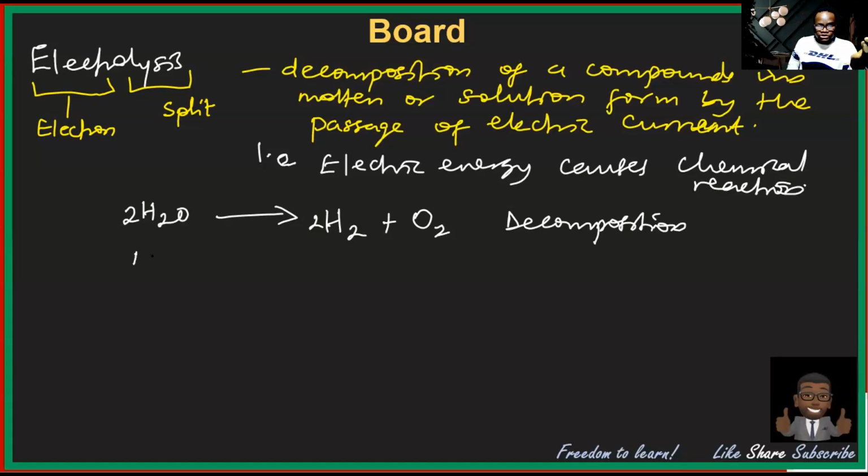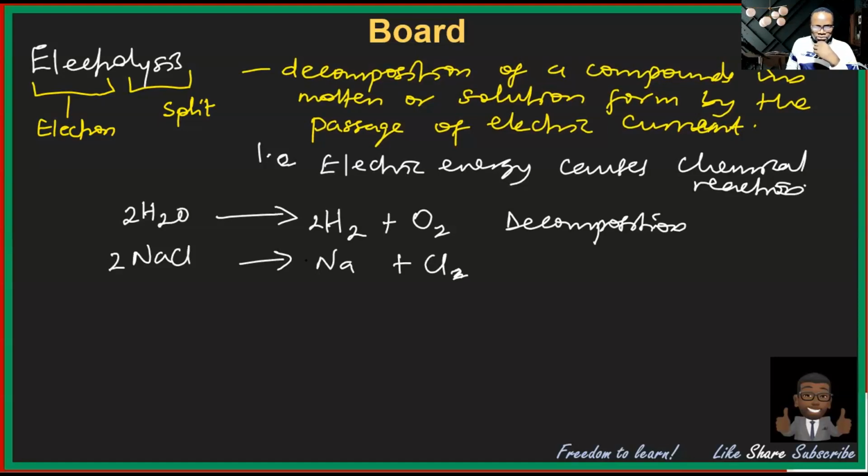If I have sodium chloride and it breaks down into sodium and chlorine, not chloride now, sodium and chlorine, this is a decomposition reaction, meaning that a chemical change has taken place. Don't forget that chemical changes are different from physical changes.